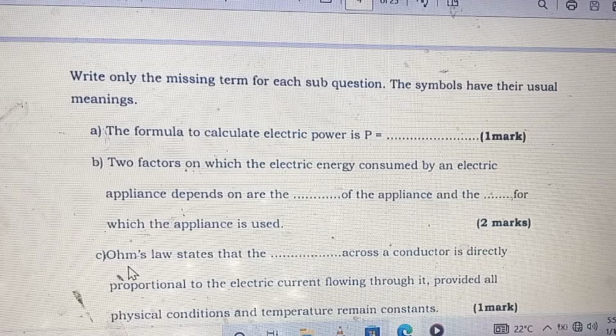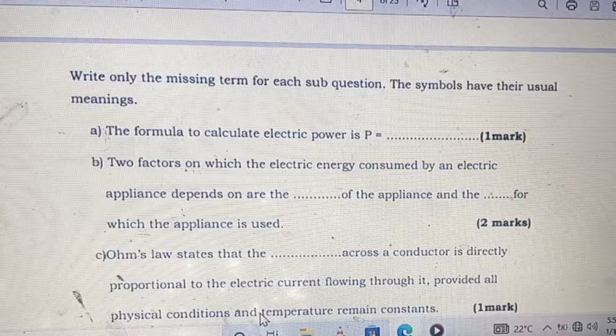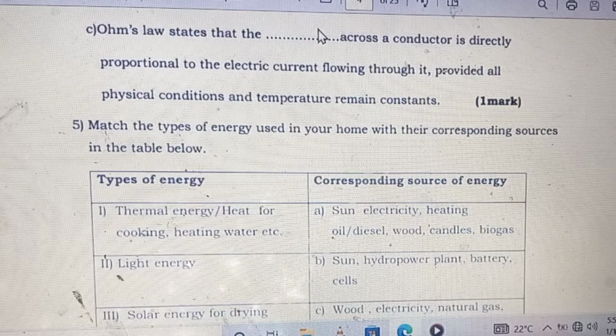C. Ohm's law states that the dash dash across a conductor is directly proportional to the electric current flowing through it, provided all physical conditions and temperature remain constant. The correct answer to put here is potential difference.